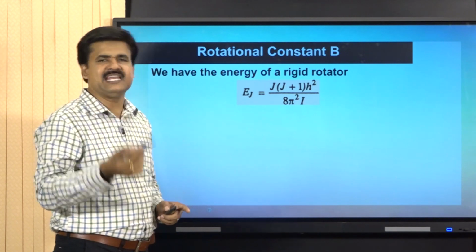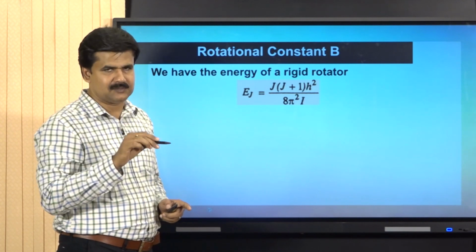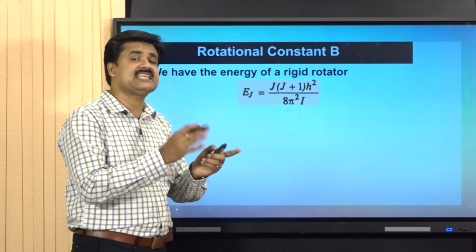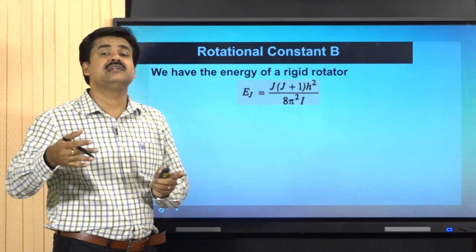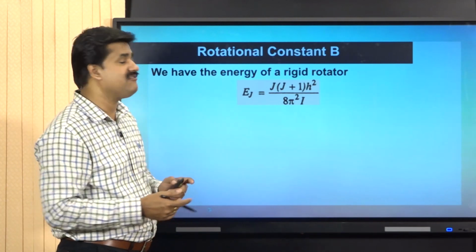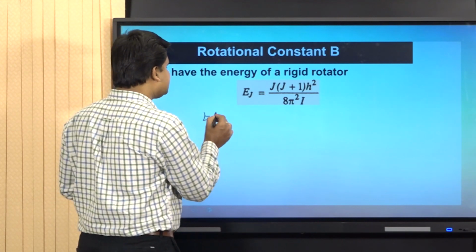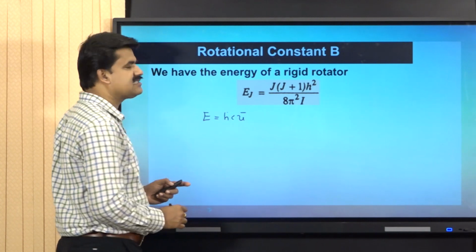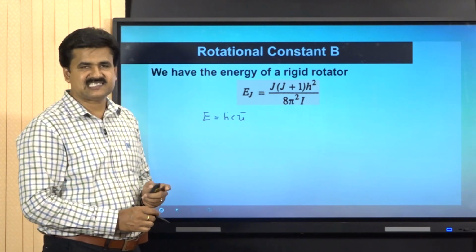It is more convenient to express this energy in terms of wave number. The relation between energy and wave number is that energy is equal to hc nu bar, where nu bar is the wave number.